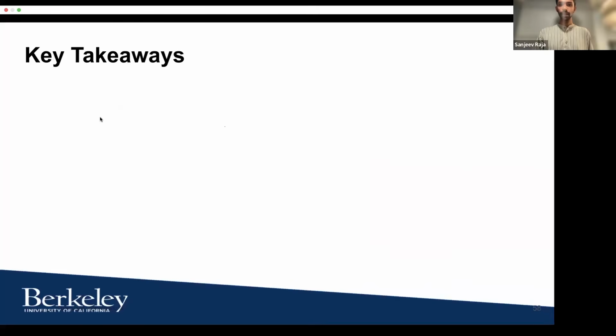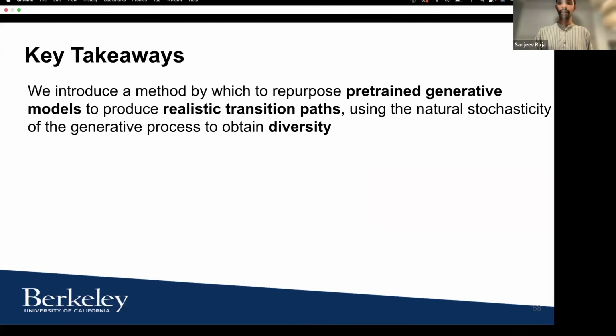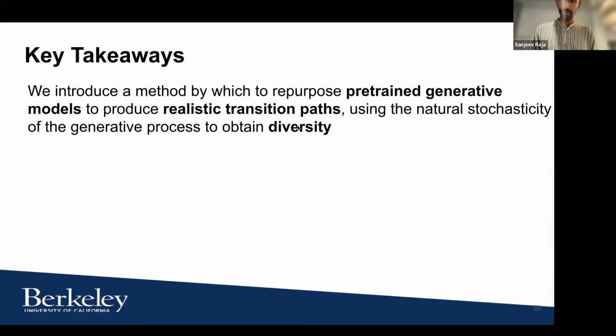And so I'll just wrap up by saying that the key takeaways here are that we introduce a method where we take models that were previously only thought to be good to generate IID samples and repurpose them in a zero-shot fashion to produce actual transition paths. And we can use the natural stochasticity of this generative process to obtain diversity.